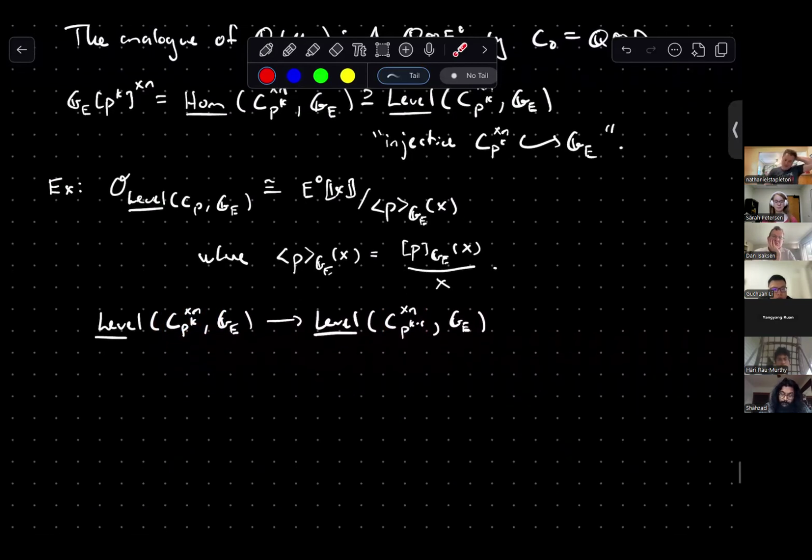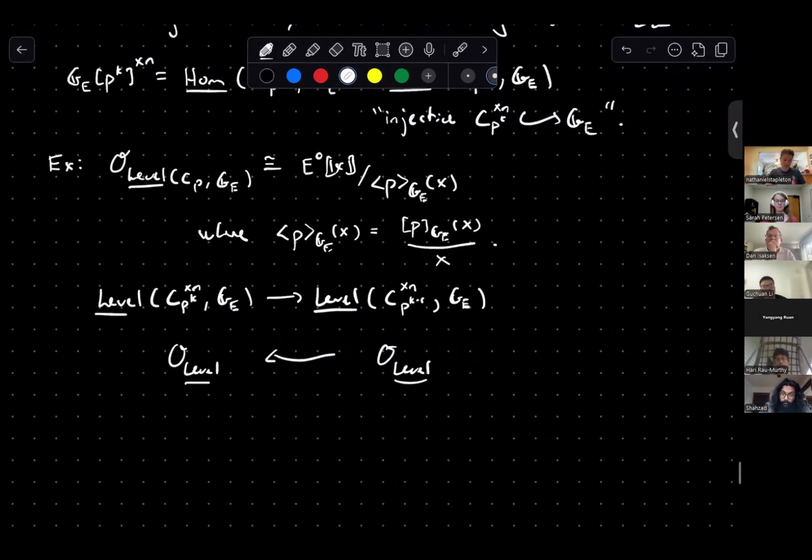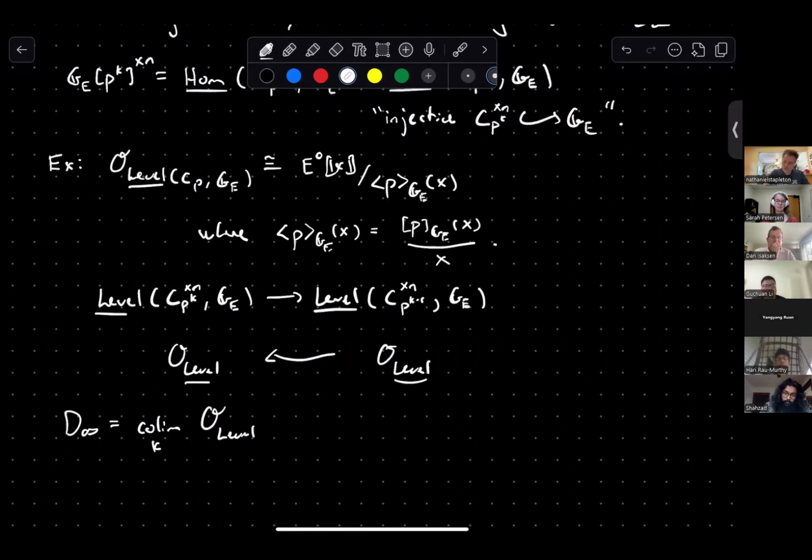And this induces a map on rings of functions the other way. So a map from O level here to O level here. And I can take the co-limit along that map, and that's what D infinity is. So D infinity is the co-limit over K of O level CP to the K to the N GE.